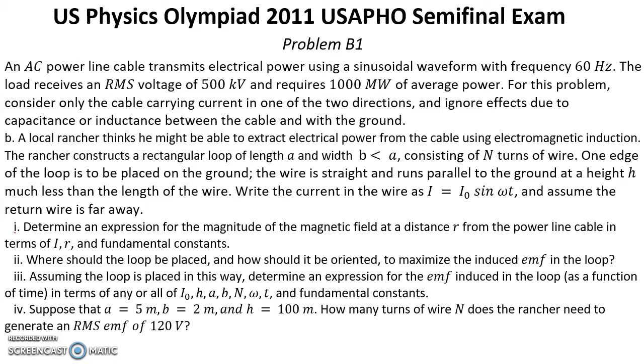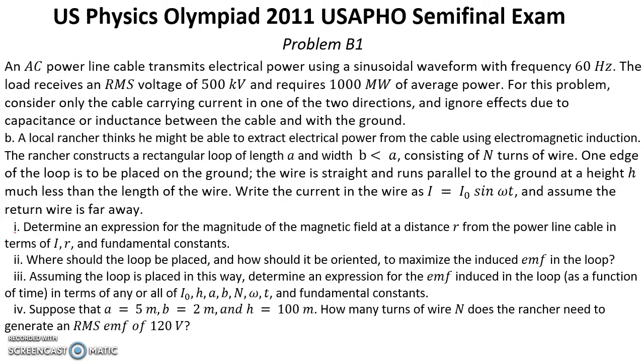Assuming the loop is placed in this way, determine an expression for the EMF induced in the loop as a function of time in terms of any or all of these parameters and the fundamental constants. 4. Suppose that A equals 5 meters, B equals 2 meters and H equals 100 meters. How many turns of wire N does the rancher need to generate an RMS EMF of 120 volts?